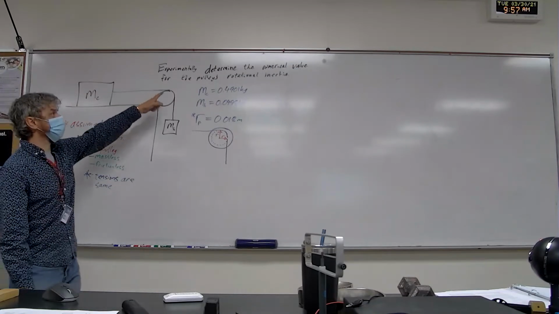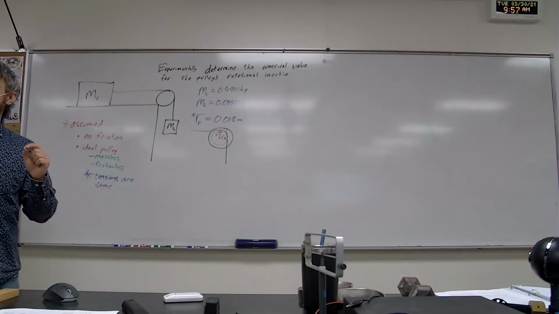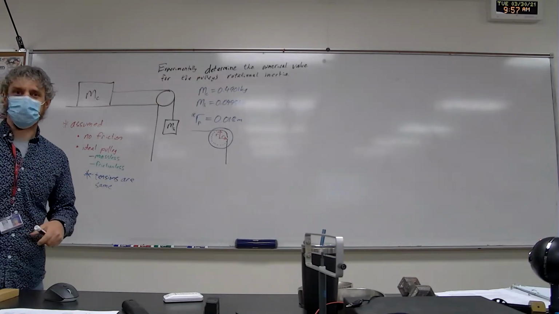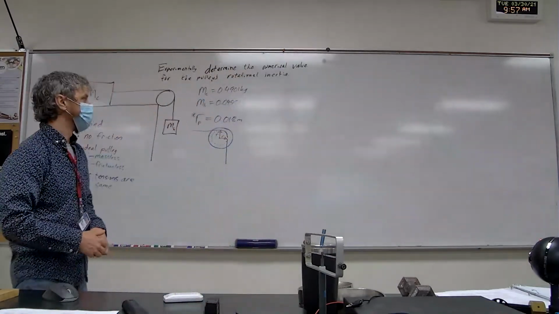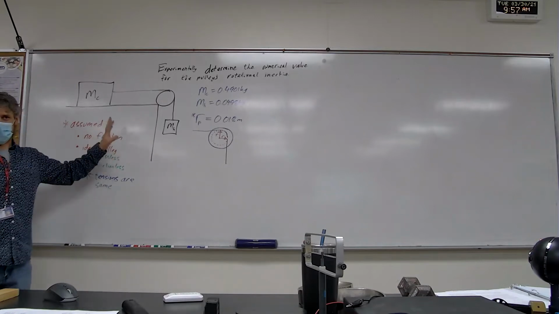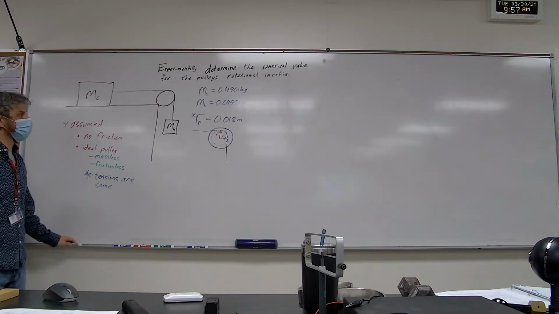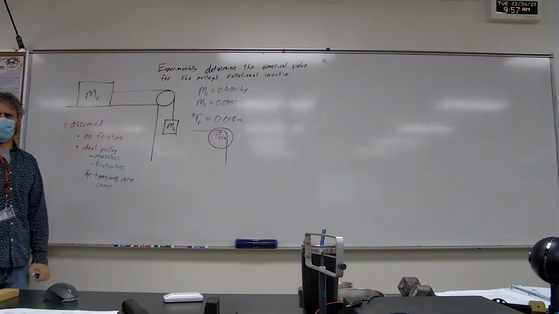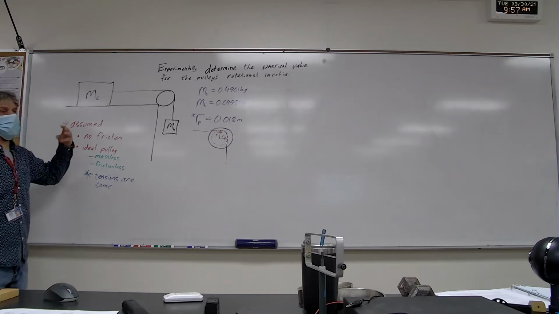This question is asking to determine the numerical value for the pulley's rotational inertia. The acceleration, we're actually going to measure. We're going to use Logger Pro to measure. I got the motion detector here. It's already set up. So we can actually measure that. So with a modified Atwood machine like this, or a real Atwood machine, which you'll see on the Quest assignment, and we'll use one for an example problem at the start of tomorrow, we can now generate three equations.